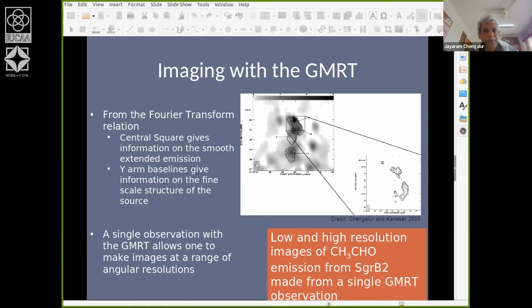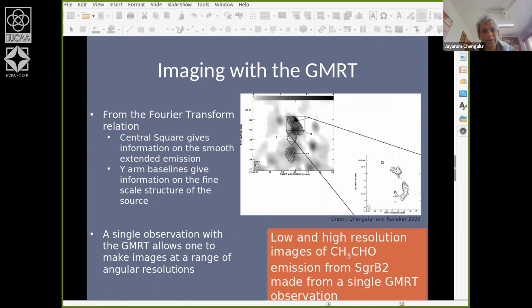There's a blob here, there's a blob here, there's another diffuse blob here, and there's a further diffuse blob below that over there. But I don't see much structure inside each of those blobs because I've made the image using only the central square antennas, and they are not sensitive to any fine scale structure in the source. It just looks like a smooth blob in there.